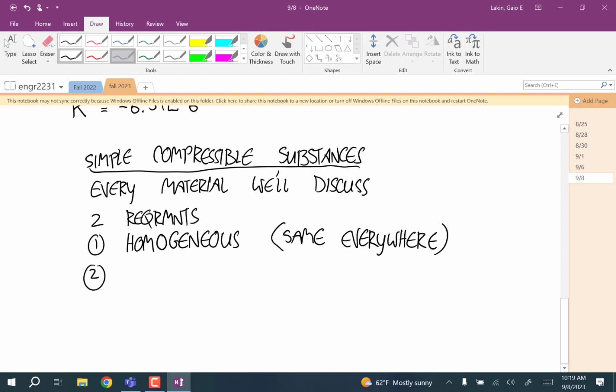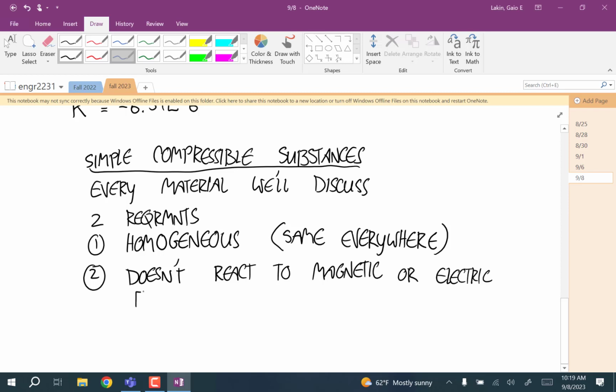And second, it doesn't react to magnetic or electric fields. Are there gases that react to electromagnetic fields?